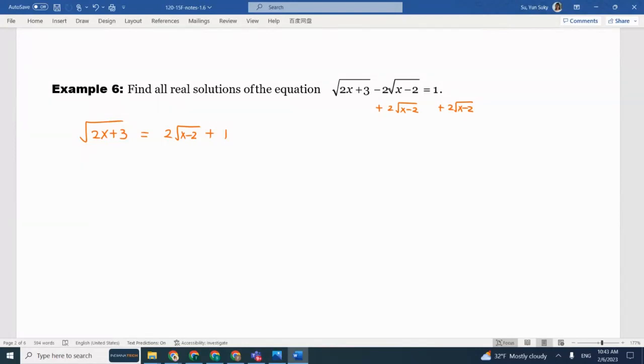Is everybody okay with that? Okay, so we isolate one square root term. What's the next step? We square both sides. So we have square root 2x plus 3 squared is 2 square root of x minus 2 plus 1 squared. Right, everybody?